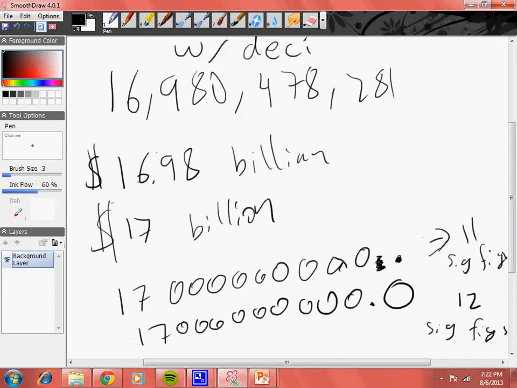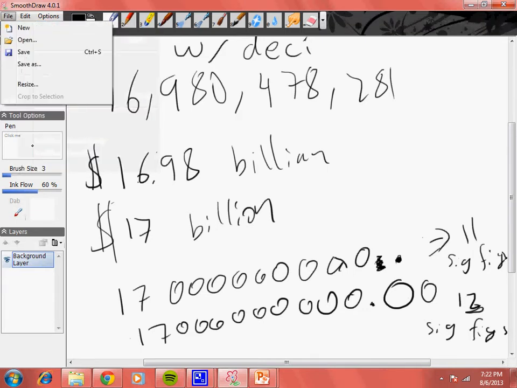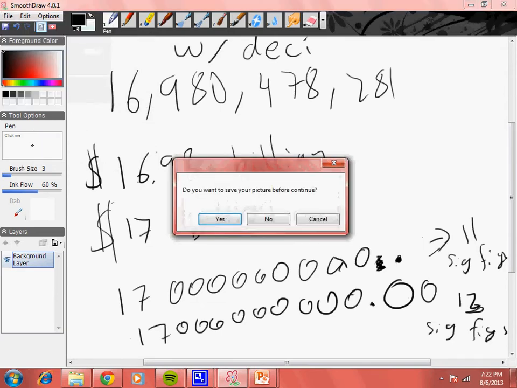Because I'm not just saying that this guy has $17 billion, but I'm also saying he has exactly, let me put another 0, so let's make that 13. Not only does he have $17 billion, but he also doesn't have any cents right there. He doesn't have a cent over or under 17 billion. Like in the example above, maybe there was a 1, so he had 11 cents, but we kind of rounded it off. Over here we're saying he has exactly 17 billion to the cent.